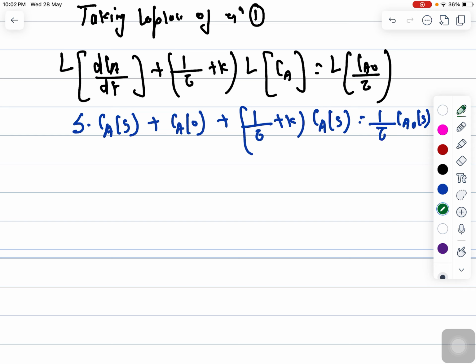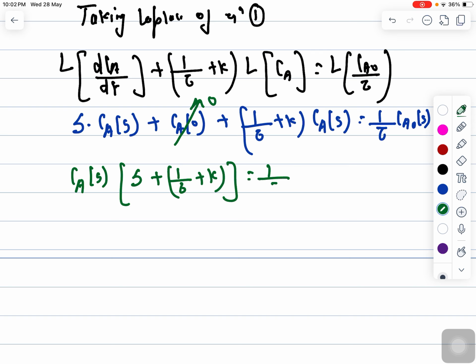Now we have written all of these terms in the S domain. Ca(0) will be 0. So if I take Ca(S) common, it can be written as (S plus 1 by tau plus K) Ca(S) equals 1 by tau Ca naught(S).